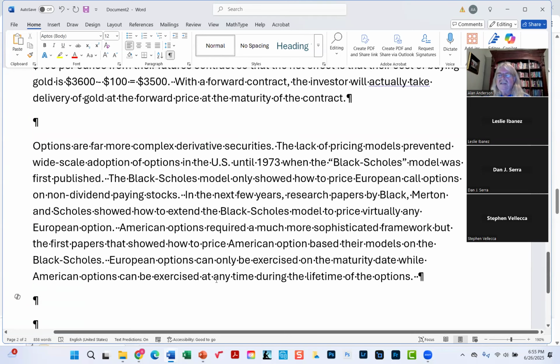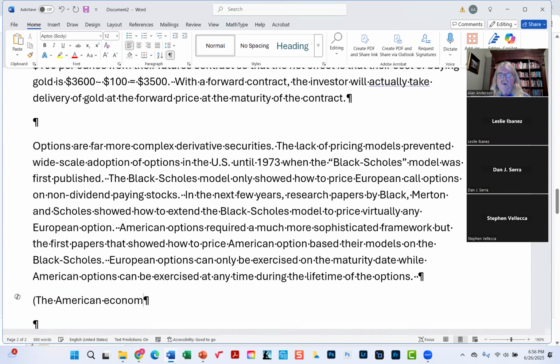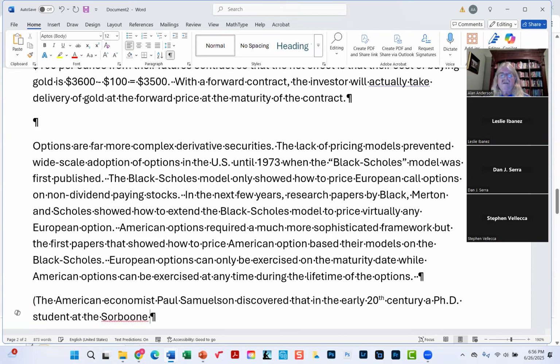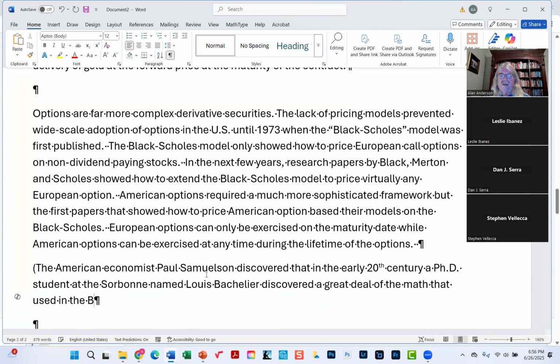Another story, not a failure anymore, but this is kind of interesting: the American economist Paul Samuelson, a Nobel Prize winner himself, discovered that in the early 20th century, a PhD student at the Sorbonne in Paris, Louis Bachelier, discovered a great deal of the math that was used in the Black-Scholes paper.